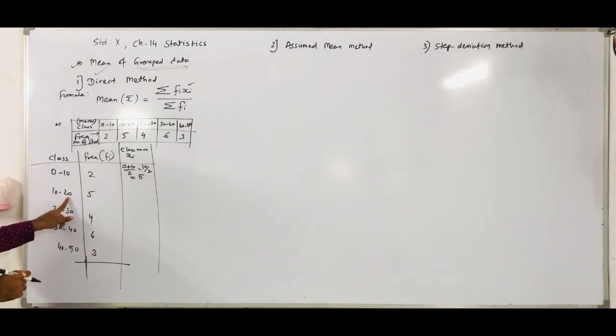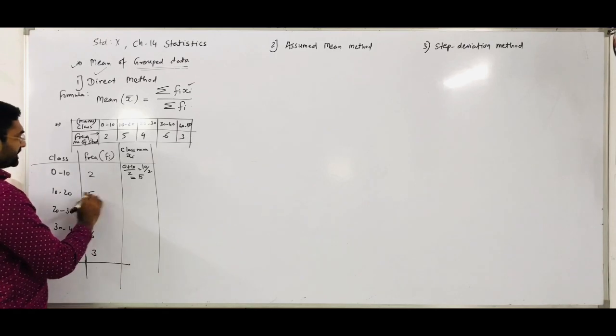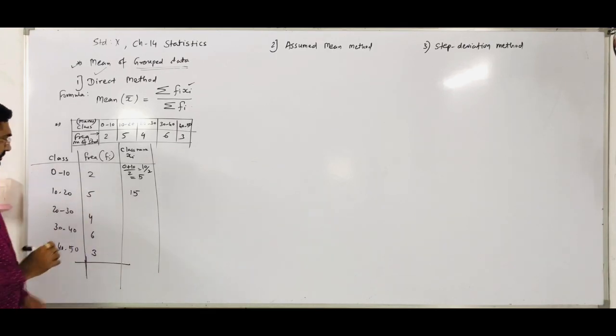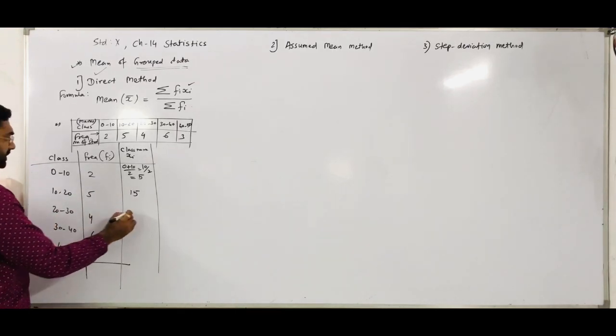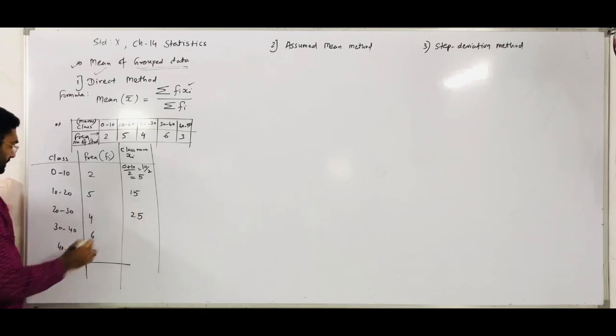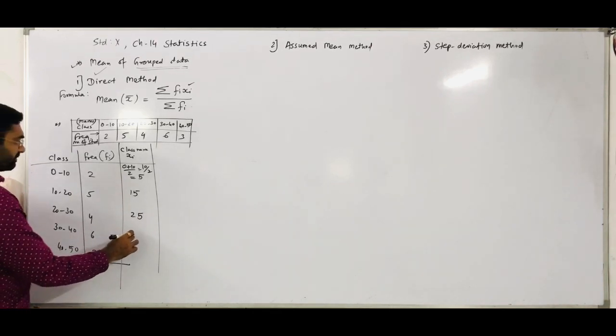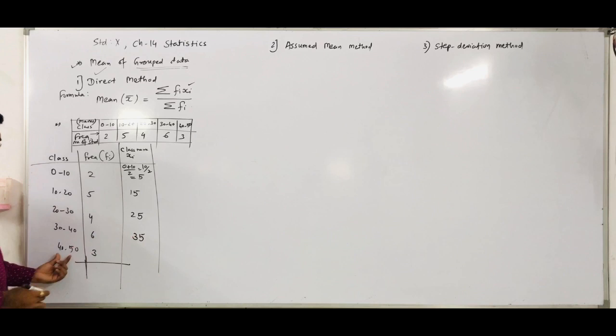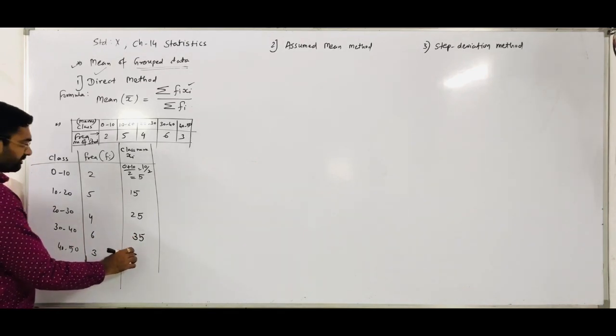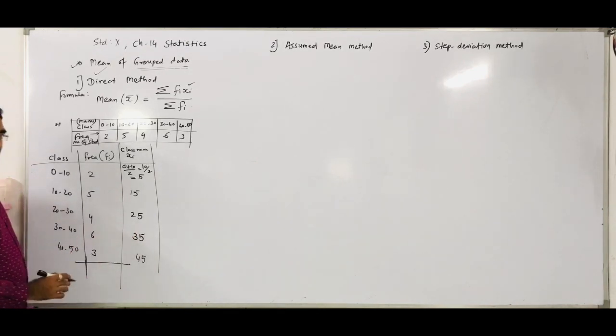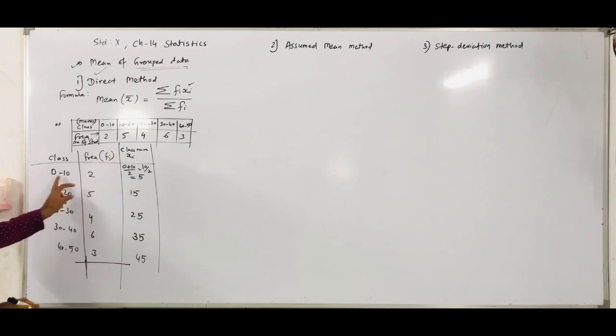That way 10 plus 20, 30 divided by 2, so the class mark is 15. Then 25, then 35, and the last class mark is 45. So we represent the xi value of each and every class.